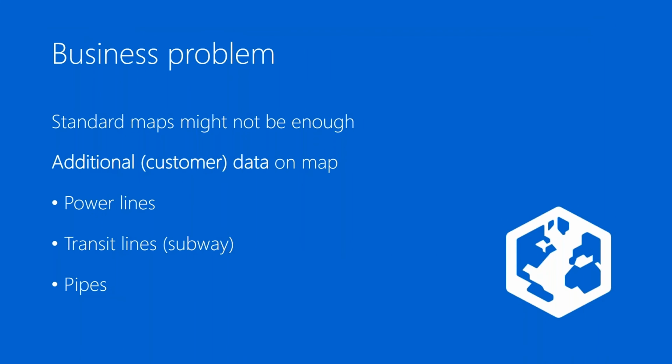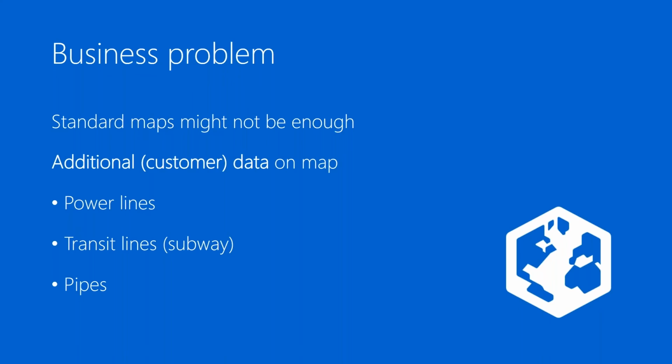Another problem that we try to solve with the update to the maps is quite typical actually. There are companies, customers, who have their own data they want to show on the map. For example, they perform some work on the power lines or transit lines or some pipes in the ground or on some wind turbines in the sea.